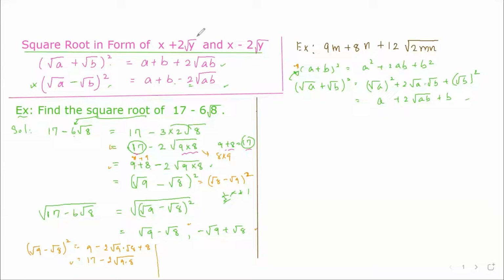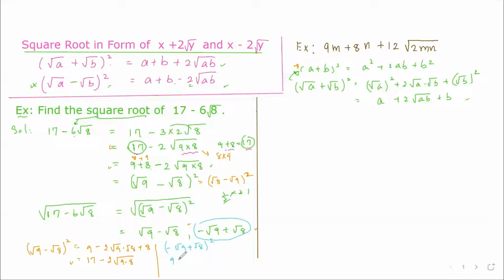Okay. At the same time, why do I say so? Then you can see if I take this one, it becomes minus square root 9 plus square root 8, and the whole thing power 2. So what we have, the first term here, negative power 2 becomes plus, and this becomes 9.